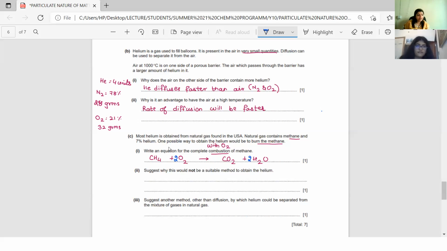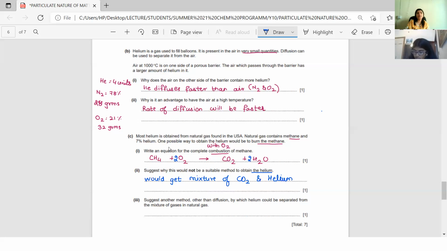Next is, suggest why this would not be a suitable method to obtain helium. See, because we are not getting only helium, we are getting another gas which is carbon dioxide, and I am interested only in helium. So we would get a mixture of carbon dioxide and helium.